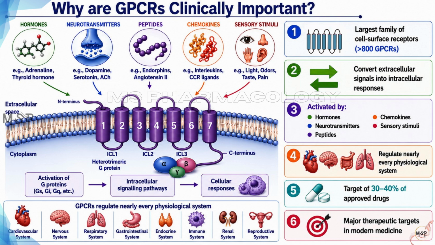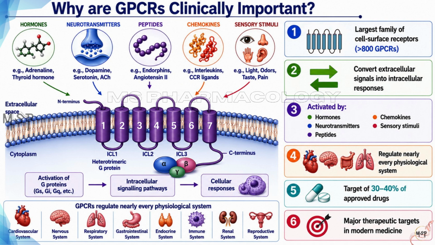These receptors respond to a wide variety of ligands, including hormones, neurotransmitters, peptides, lipid mediators, chemokines, and sensory stimuli such as light, odorants, and tastants. As a result, GPCRs regulate nearly every major physiological system, including the cardiovascular, respiratory, nervous, endocrine, gastrointestinal, immune, and sensory systems.